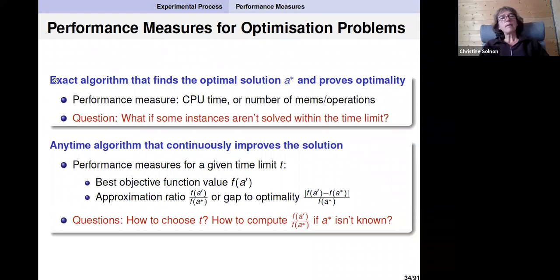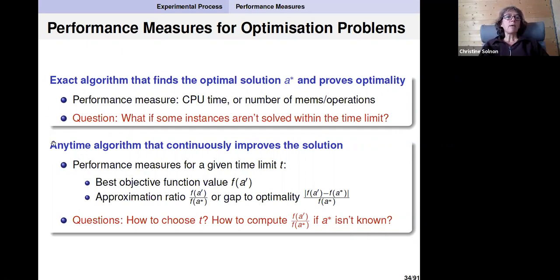And depending on whether the algorithm is able to prove optimality or not, I compare different things. If the algorithm can prove optimality, then I can simply compare CPU time.